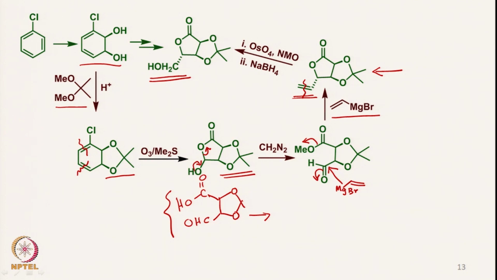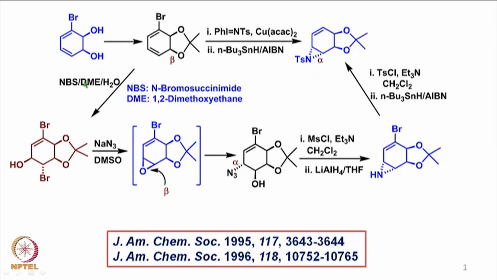So this is one another application of chlorobenzene based optically active diol to be converted to the corresponding lactone, which is optically active. So finally this type of chiral diol derived from bromobenzene was converted into a very interesting aziridine molecule of this type.